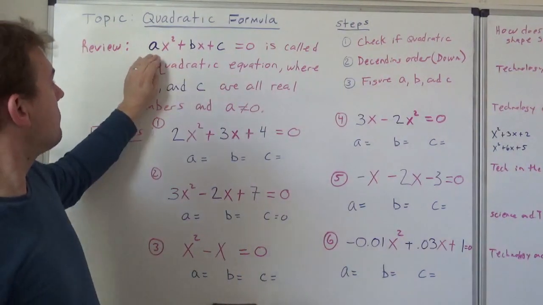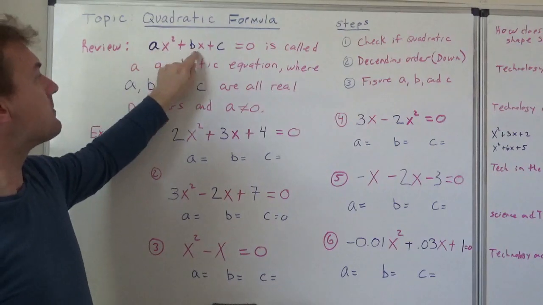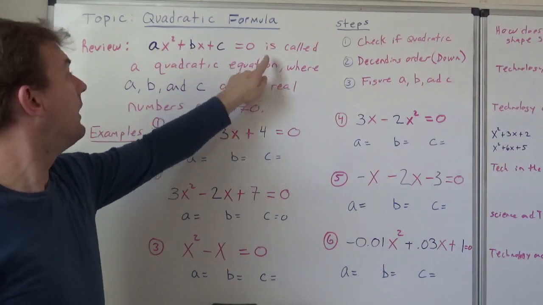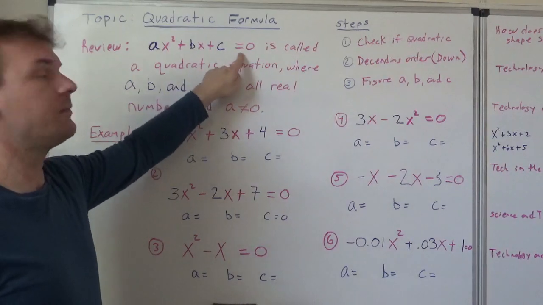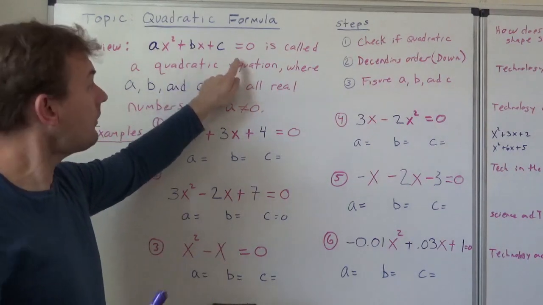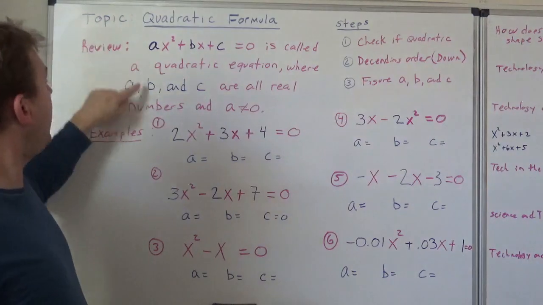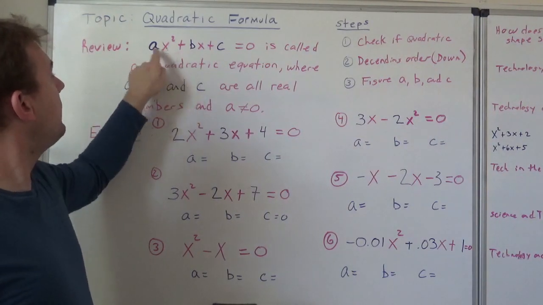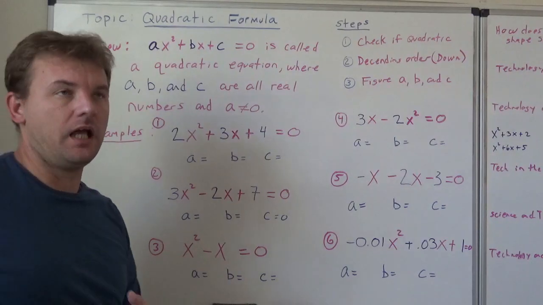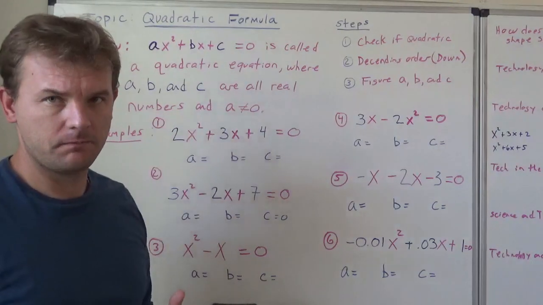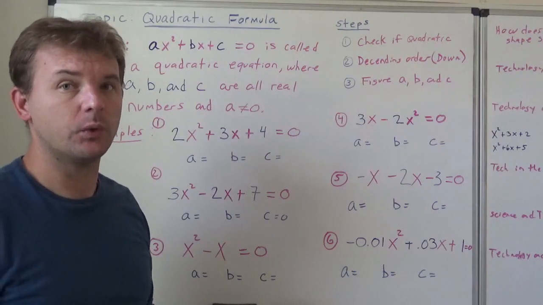So this right here, ax squared plus bx plus c equals 0, is called a quadratic equation. It's an equation because it's equal to 0, where a, b, and c are all real numbers. So all real numbers. It could be fractions too.